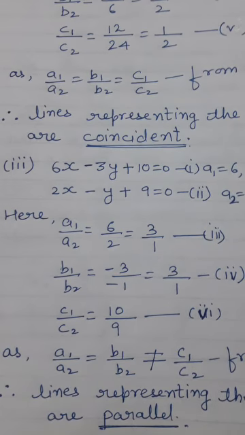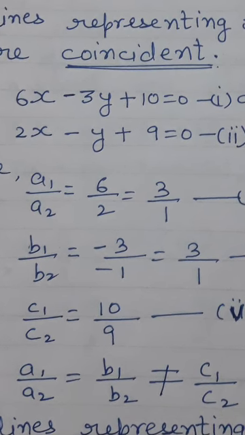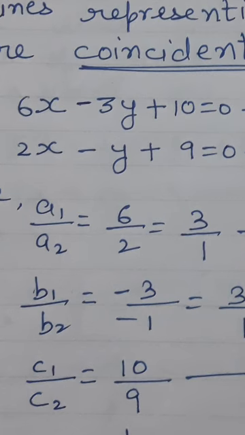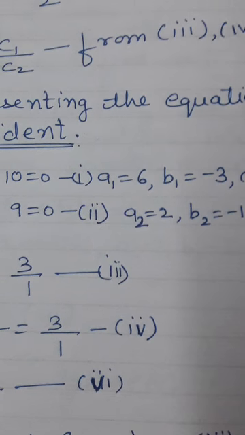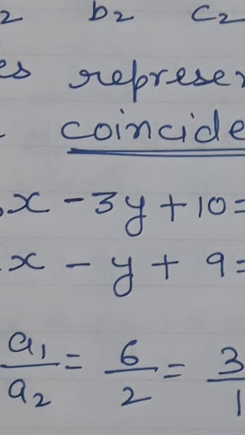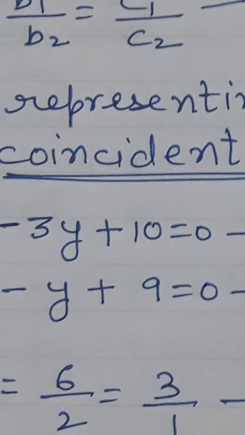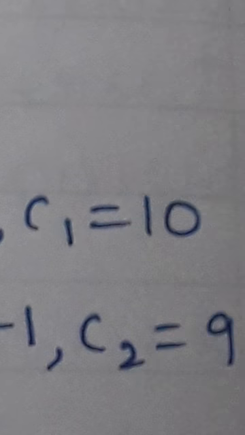After this, we are coming on third part of question number 2. First equation given to you is 6x minus 3y plus 10 is equal to 0. So, here a1 will be 6. Then b1 is coefficient of y, that is minus 3. So, b1 is equal to minus 3. c1, that is constant term of the first equation, is 10.